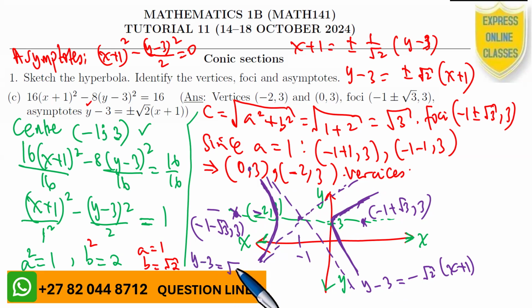Right, and then the other one is a positive slope. Okay, and they pass through the center with minus 1, 3 coordinates. And this is the graph. Any question about this?